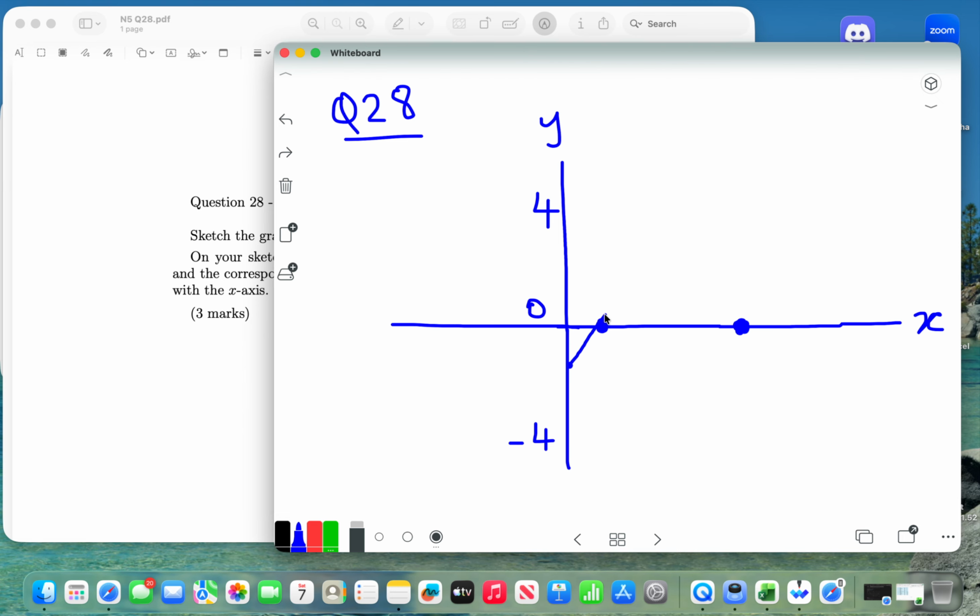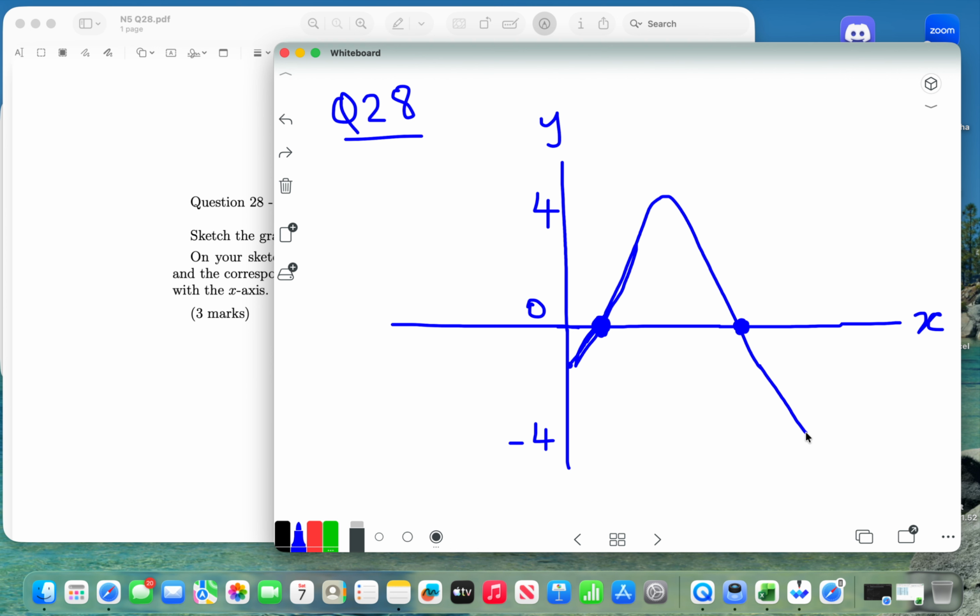You would lose a mark if you went all the way to 380. So that's something to absolutely be mindful of. Just be really careful with that.